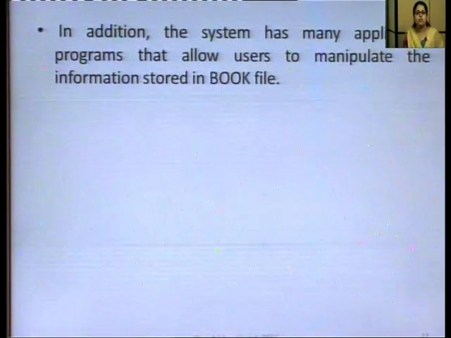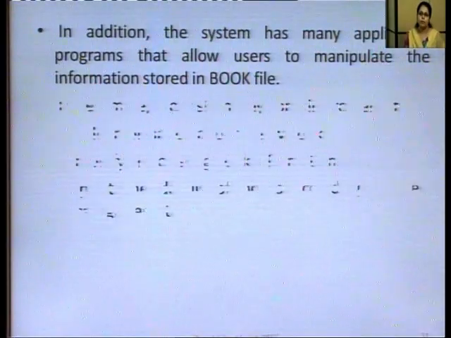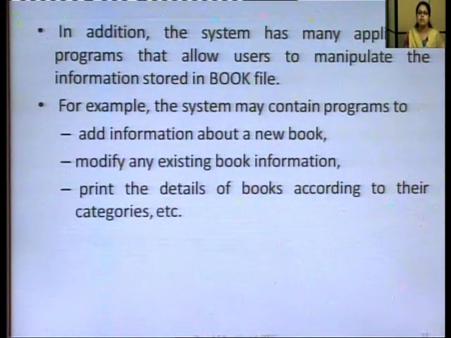In addition, the system has many application programs that allow users to manipulate the information stored in the book file. For example, the system may contain programs to add information about a new book, to modify any existing book information, to print the details of books according to their categories. So for each function the user may perform on the book file, the system has a separate application program.